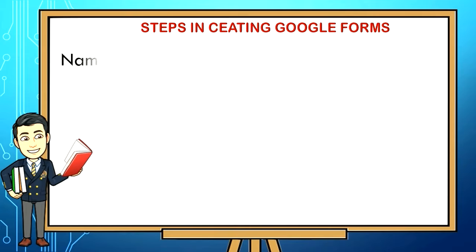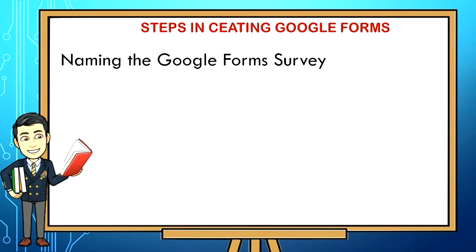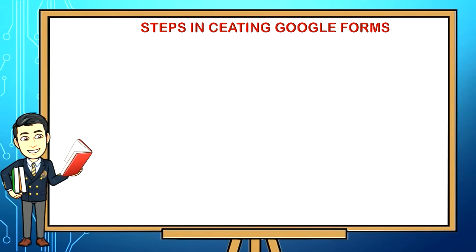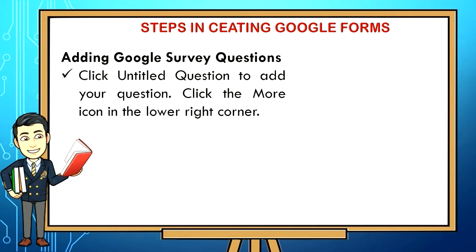4. Naming the Google Forms survey. 5. Adding Google survey questions. Click Untitled Question to add your question. Click the More icon in the lower right corner.